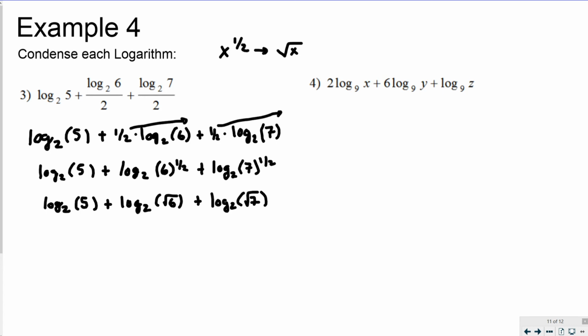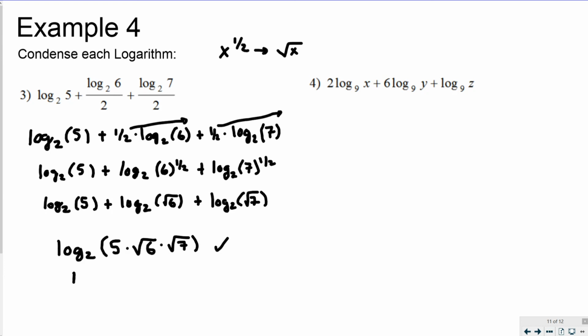And so now I can make one big product using the product rule because I have addition signs. So it will be one long product of log base 2, and in the parentheses, it will be 5 times the square root of 6 times the square root of 7. And just for some more clarity's sake, you're totally fine to leave it like this.